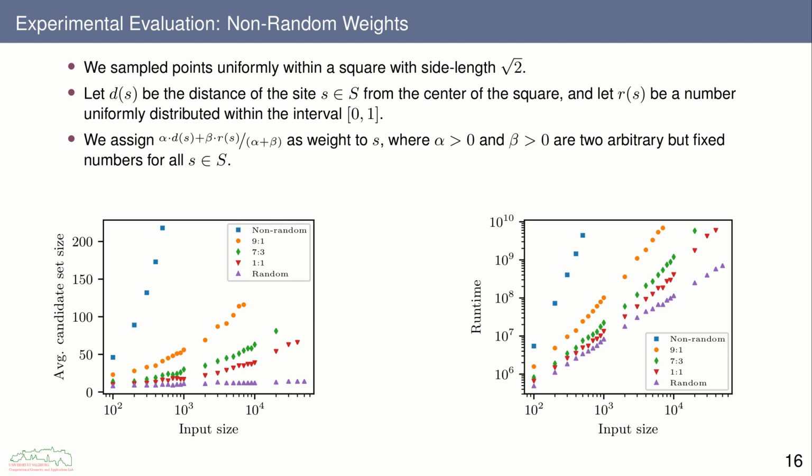You can clearly see that, as one would assume, the higher the alpha value gets compared to the beta value, the bigger the candidate sets become, which also impacts the overall runtime significantly. Note that in case of non-random weights, the size of the candidate sets almost equals the input size for most of our test cases.